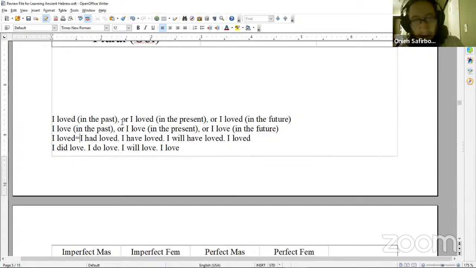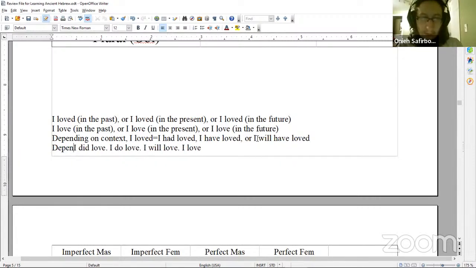I loved equals, depending on context, I loved equals, let's see, depending on context, I love equals.